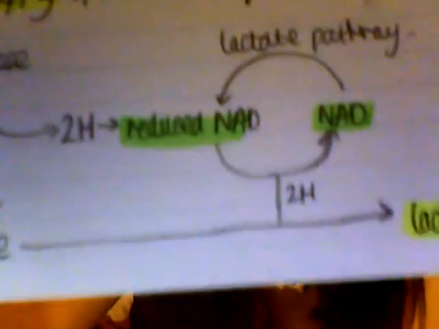Basically, the glucose is broken down into pyruvate in glycolysis, and that creates 2 ATP, and then the 2 hydrogens that come out get picked up by NAD, which becomes reduced NAD, and it's called the lactate pathway. See there? And 2 hydrogens go into the making of lactate.